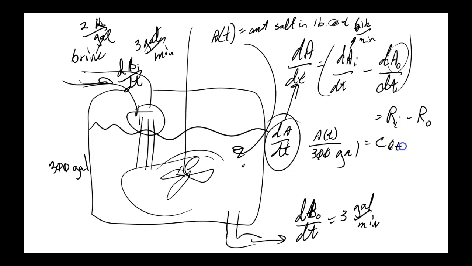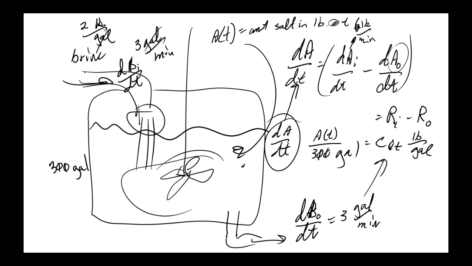I'll put C sub T, tank concentration at any time T, is A of T over 300, and this is pounds. The unit here would be pounds per gallon, because you got per gallon down there. But you know the output rate is 3 gallons per minute.